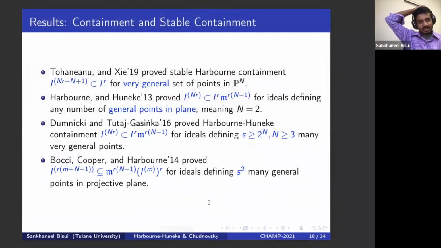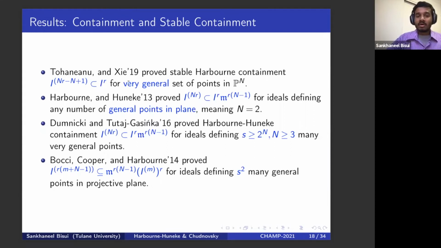Now, the results about the containment and the stable containment. Stefan Tohaneanu and Xu proved that the stable Harbourne containment is true, meaning the containment I symbolic power (nr minus n plus 1) sits inside I^r.